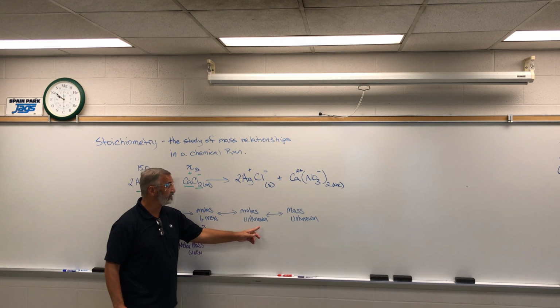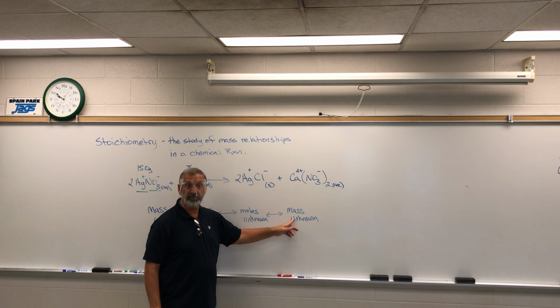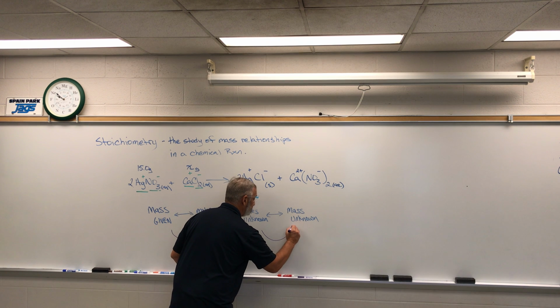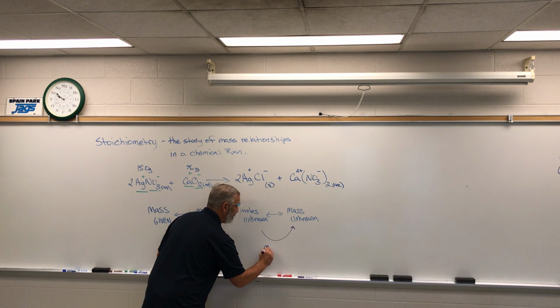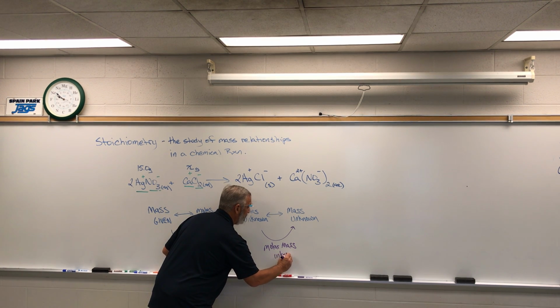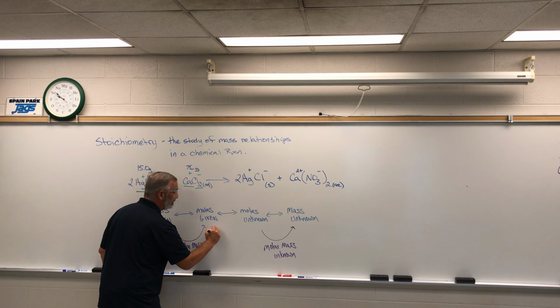So how do I go moles back to grams? Over here at the end, moles to grams. Molar mass. The molar mass again, but this time of which one? The unknown. Okay? So how do we go from moles to moles then?